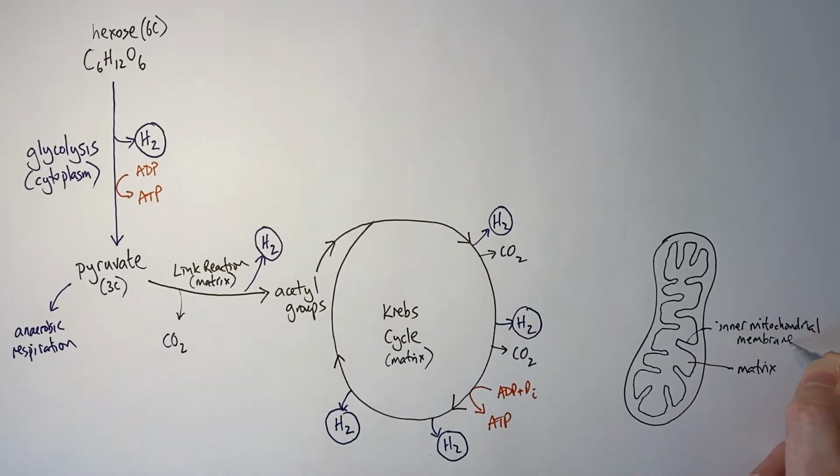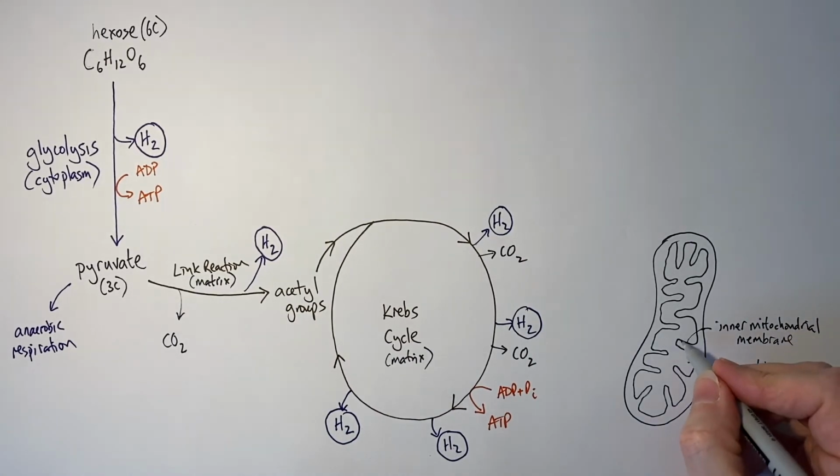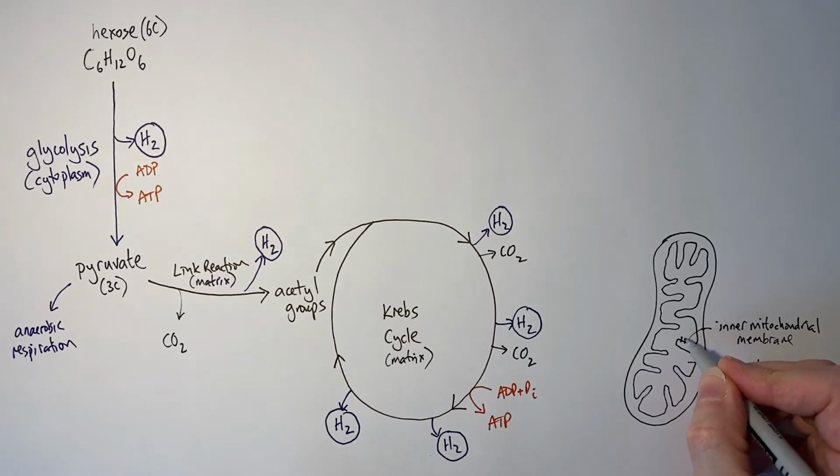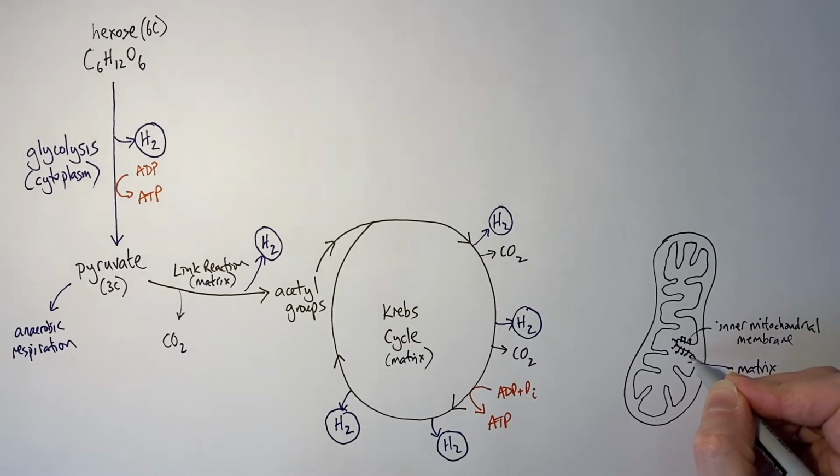And in the inner mitochondrial membrane, or on it, are little structures, which I'll talk about later. And on the same scale of this diagram, they would be so small you wouldn't be able to see them. They would be less than a dot.